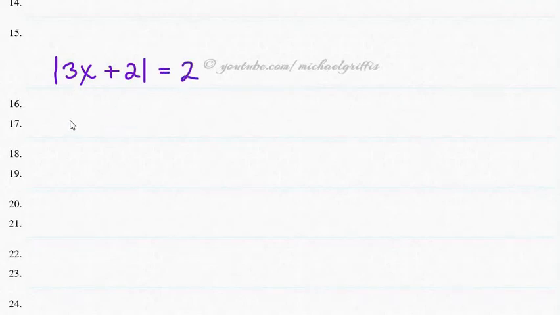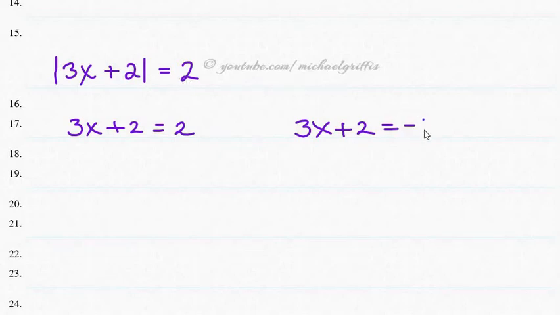Okay, so once again, drop the absolute value bars. Rewrite it. We're going to drop the absolute value bars, except whatever we do, we make this side negative. So that'd be -2. Go ahead and solve for x. So 3x is equal to, bringing the 2 over, 2 minus 2 is 0. Multiply both sides by 1/3.